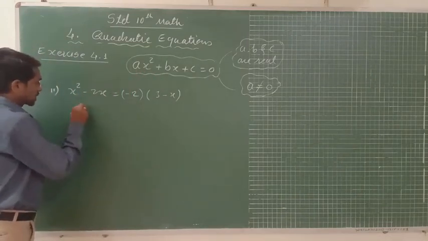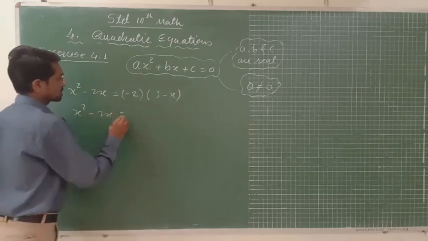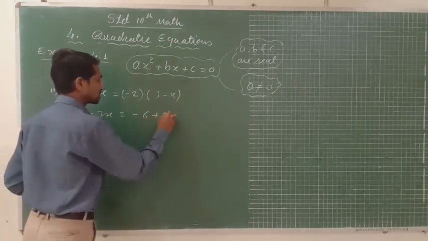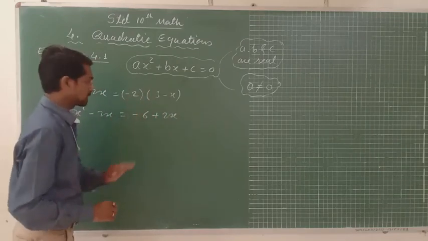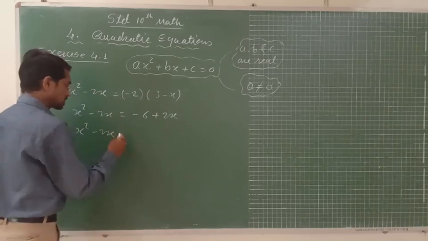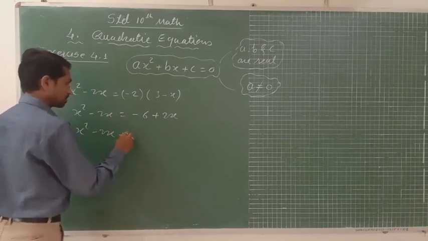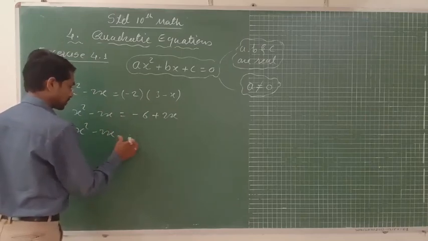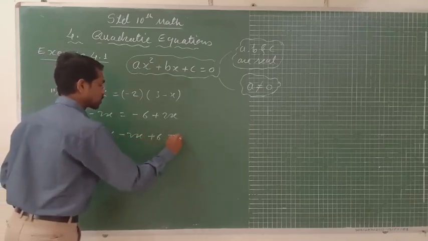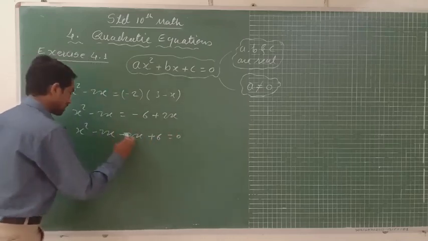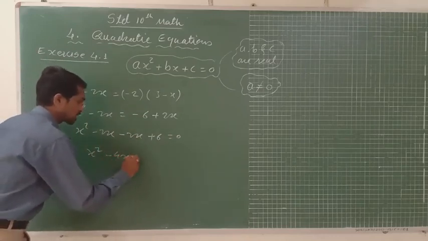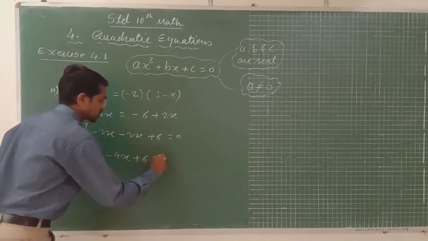It is x square minus 2x is equal to minus 6 plus 2x. Then transposing, x square minus 2x minus 2x plus 6 is equal to 0. Therefore x square minus 4x plus 6 is equal to 0.